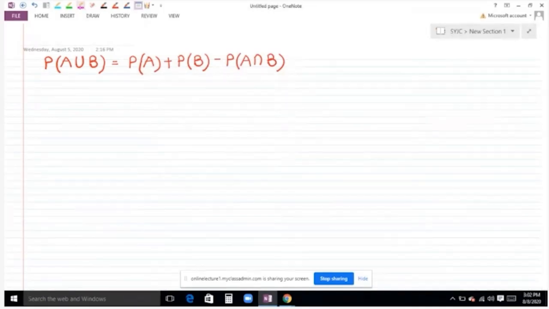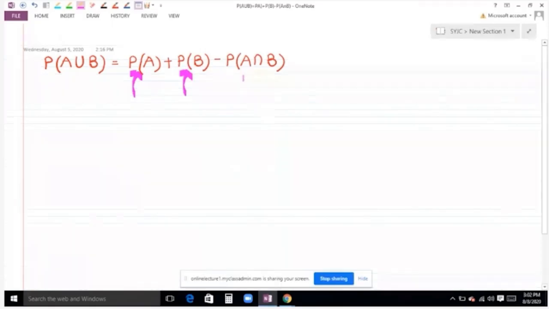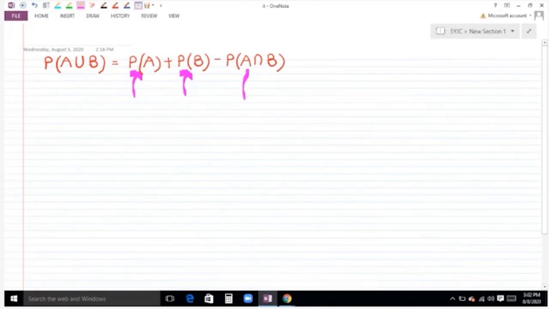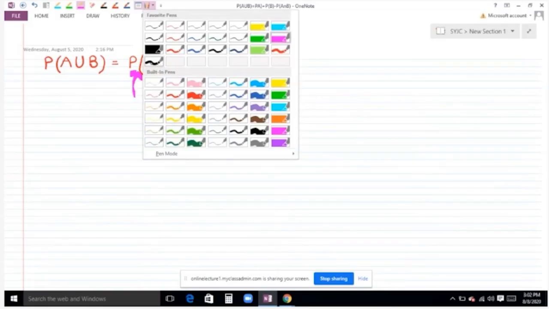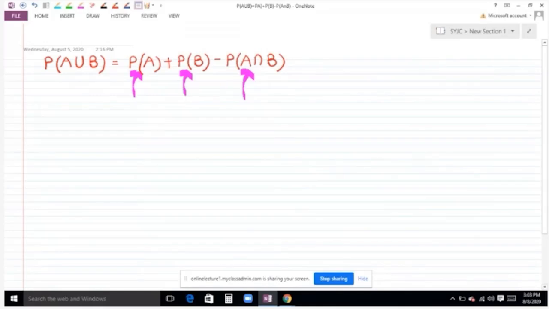The three values which you are going to find: one is probability of A, other is probability of B, and the third is probability of A intersection B. For finding P of A, P of B, and P of A intersection B, the formula will be the same.